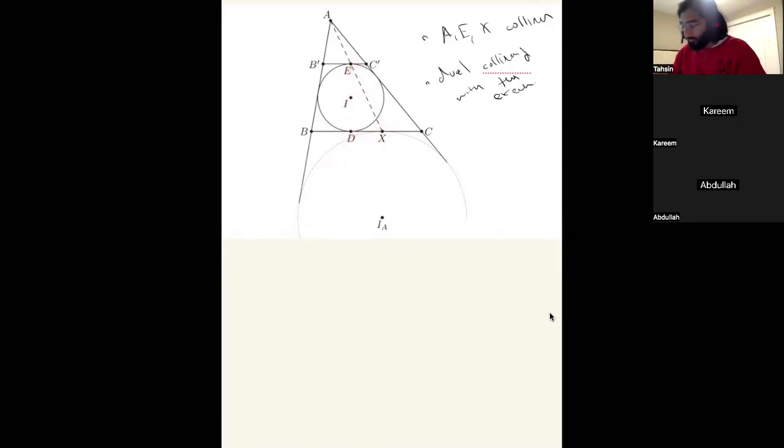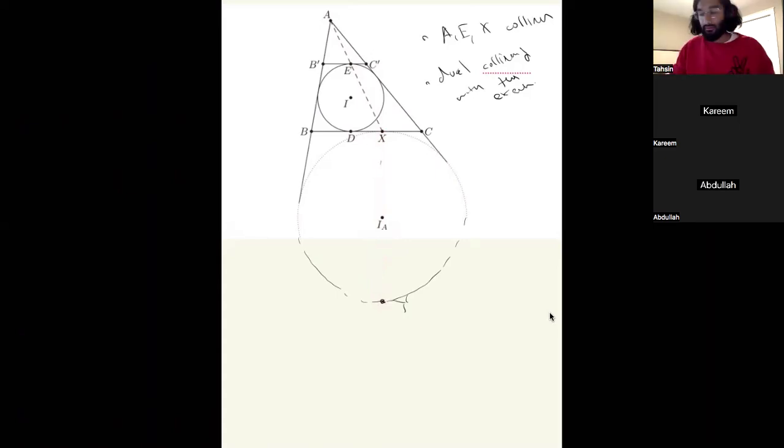Okay, so what is the dual collinearity? Instead I now take X and I reflect this guy over here to Y. So this Y is so that this guy is a diameter. And then what is the collinearity? Maybe you can guess now. What should the collinearity be involving Y?